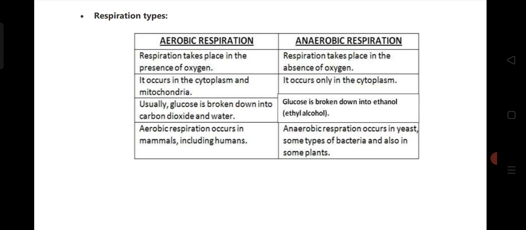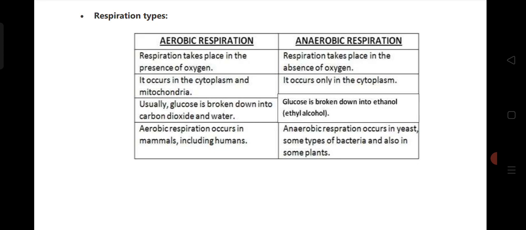Next, in aerobic respiration, glucose is broken down into carbon dioxide and water. Whereas in anaerobic respiration, the glucose is broken down into ethanol, or ethyl alcohol, and that whole process is fermentation.